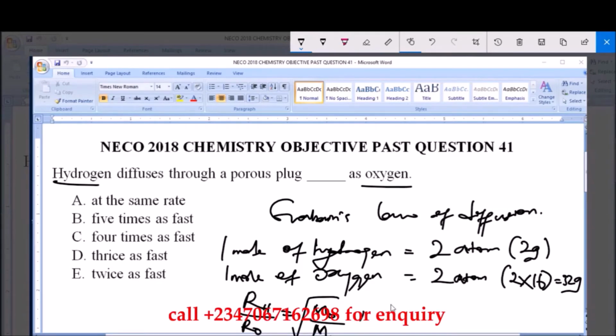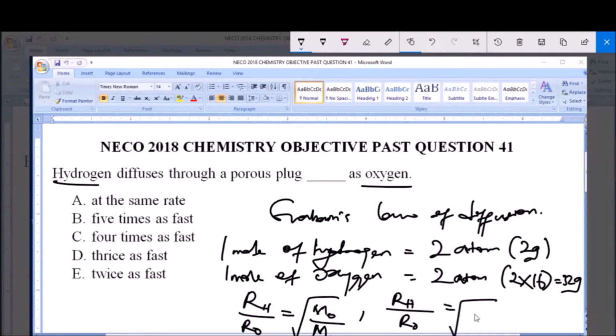So from this we have RH over RO, the rate of diffusion of hydrogen over the rate of diffusion of oxygen, is equal to the square root of 32 over 2, which is equal to the square root of 16, which is equal to 4. So therefore hydrogen will diffuse 4 times as fast as oxygen, and that is option C, 4 times as fast as oxygen.